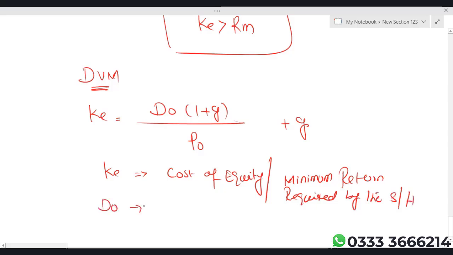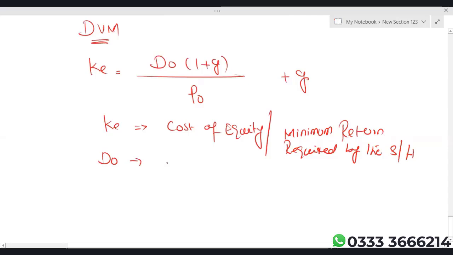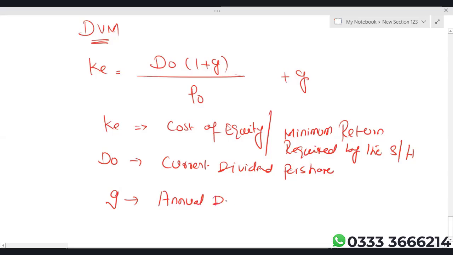D naught is the current dividend per share. G is the annual dividend growth rate. Now, please listen carefully.